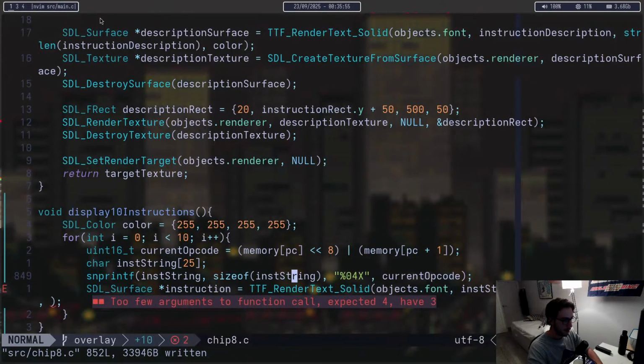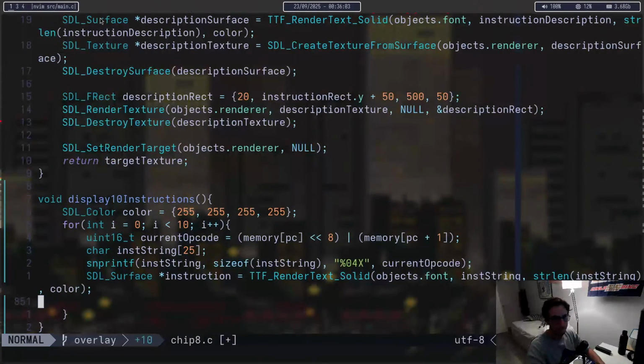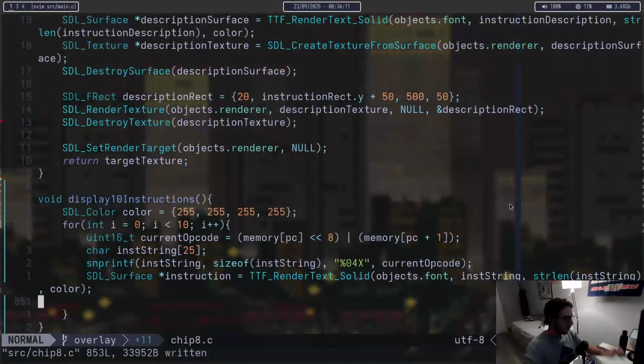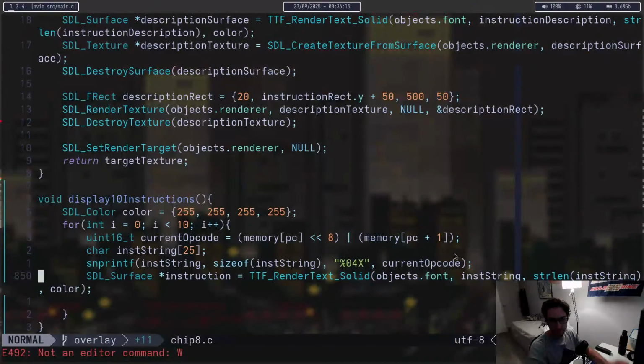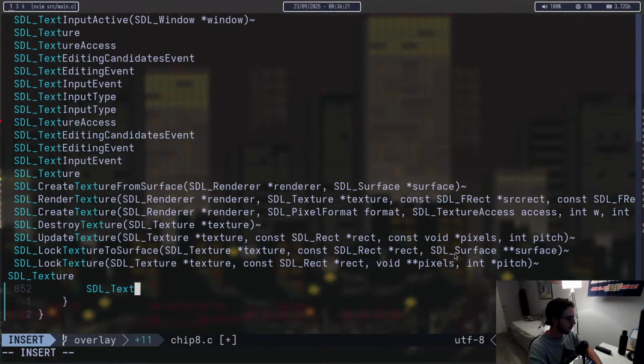Alright. And then I just have to call, so now as I do this, okay, so I create my surface, great, and then I need to do texture.